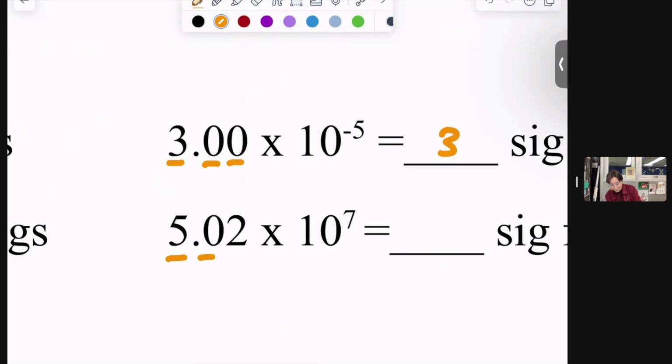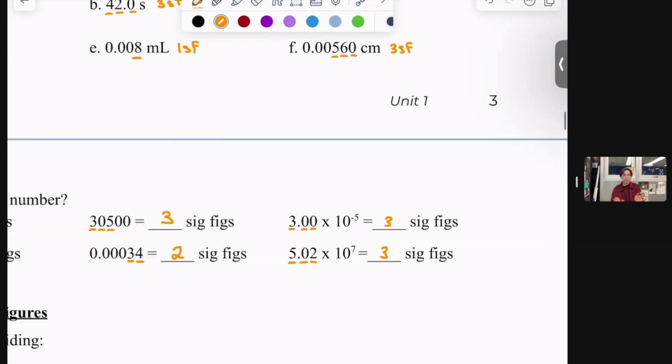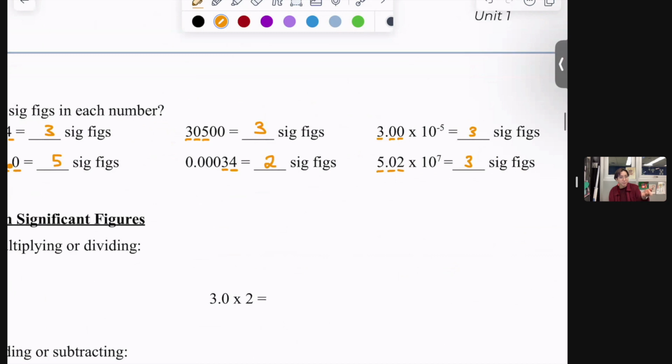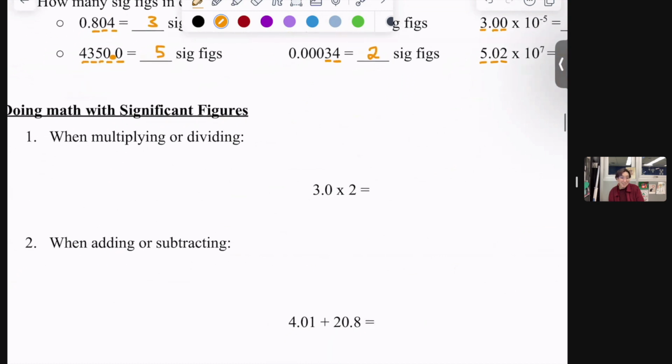And we have trapped 0 always counts. 1, 2, 3 sig figs. Okay, so that's counting sig figs. Something that takes practice, so I'll have you have your practice problems that hopefully will help you get the skill down. So that's counting sig figs.